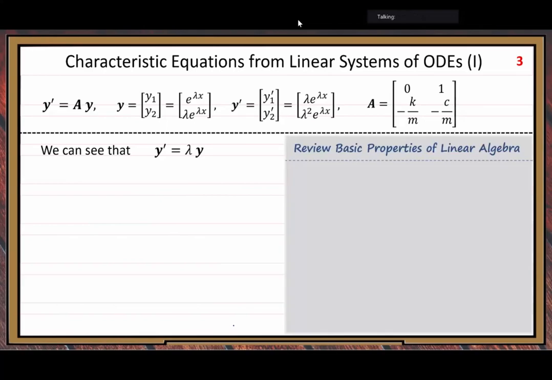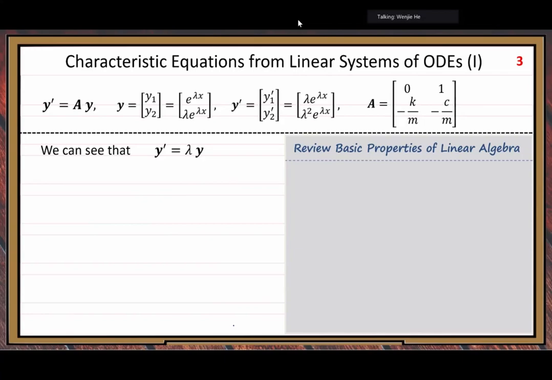All right. So now we need to review basic properties of linear algebra. Here, we want to see what condition this lambda should satisfy with these two equalities.